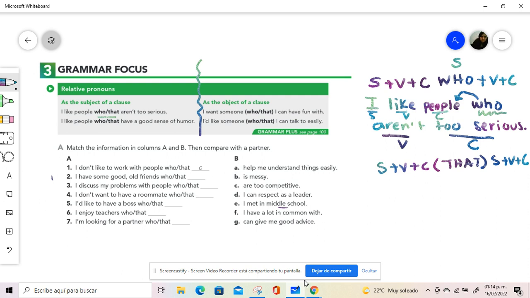Then I have subject, I, the verb want, and the complement someone. If I say this sentence, it makes no sense. So I give the specification that I, subject, can have my verb fun with. That is my complement.